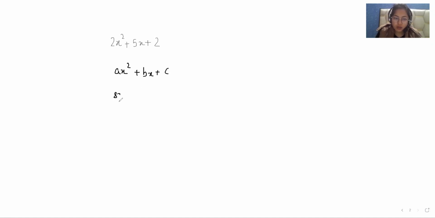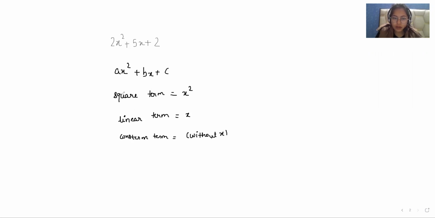That is first a square term, x square, and the second is linear term, that is x, and third is a constant term, that is without x.